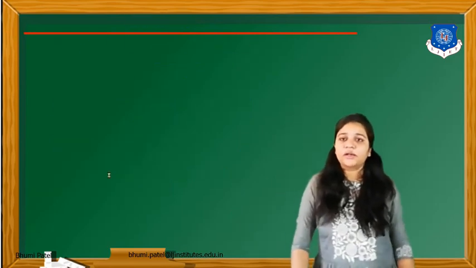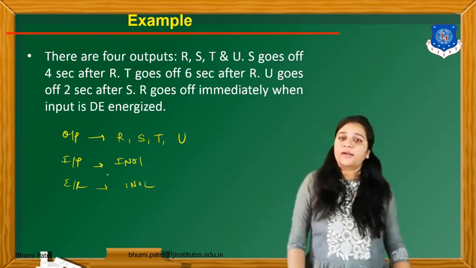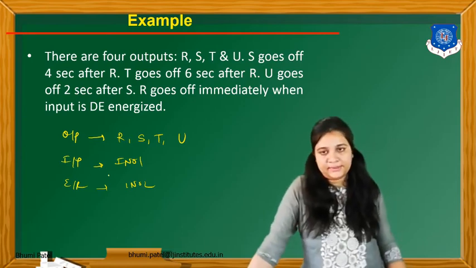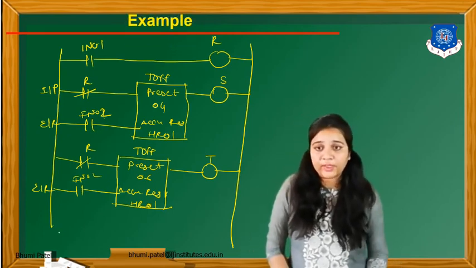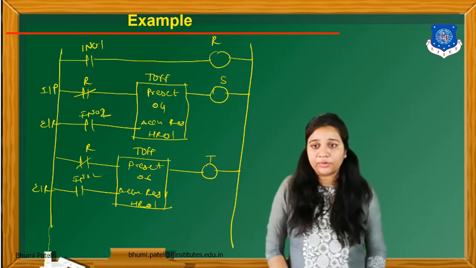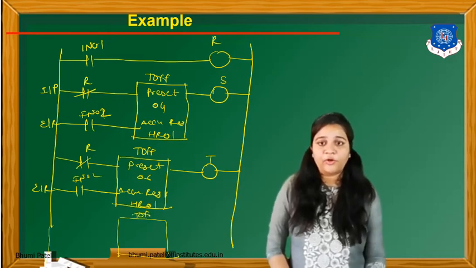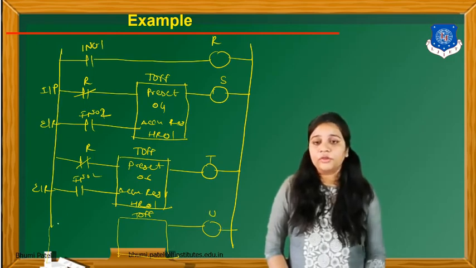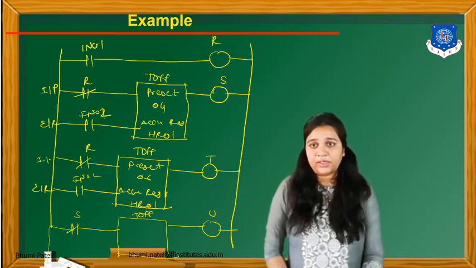Okay, now the third condition is U goes off 2 seconds after S. So what is the input of the U? S. U will depend on the S input. Okay, so we can take another T off timer. Output, as you know, it is U, and input for the U is S. Okay, so here this is my input.